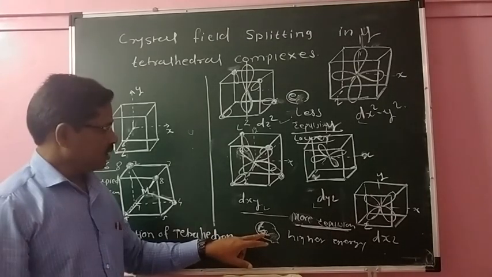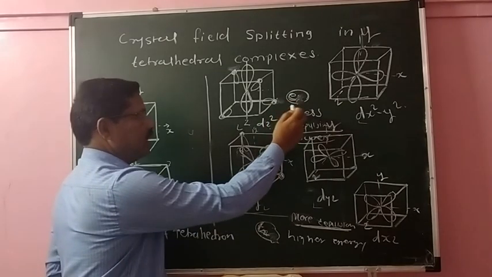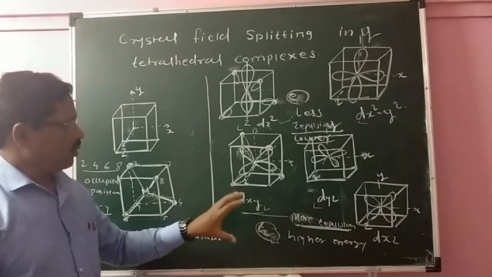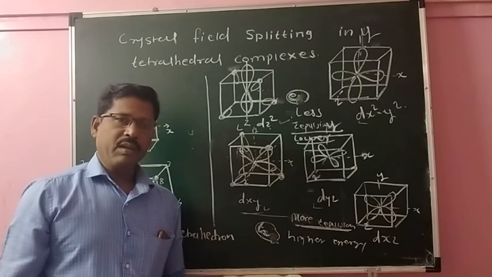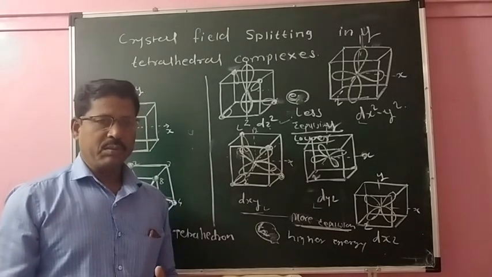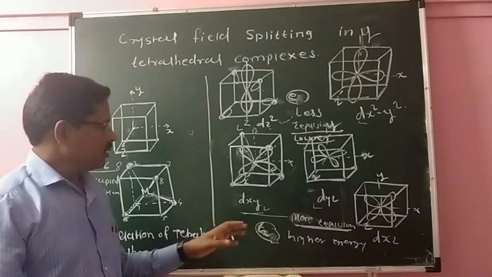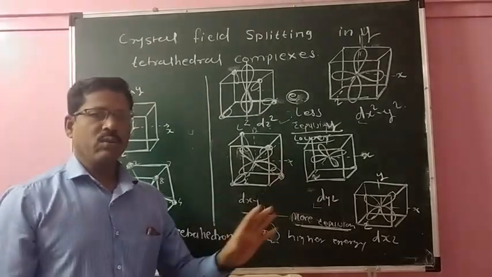Only T2 and E are represented, without the g subscript, because tetrahedral complexes have no center of symmetry, but octahedral complexes have a center of symmetry. If the complex has no center of symmetry, it is a non-symmetric molecule.